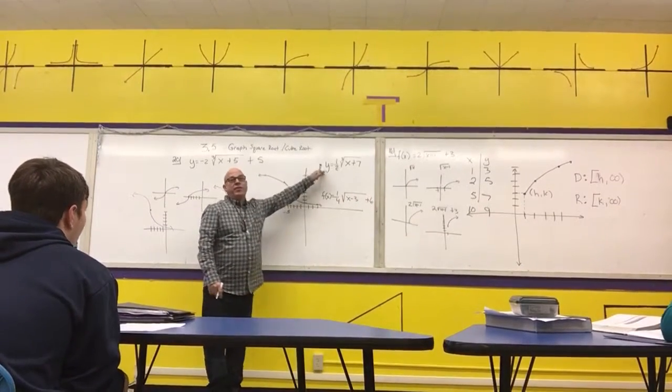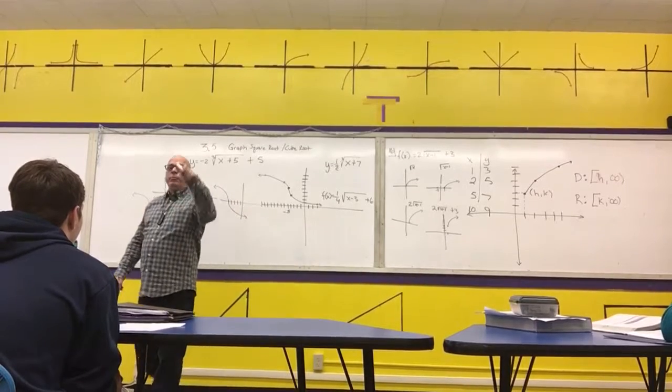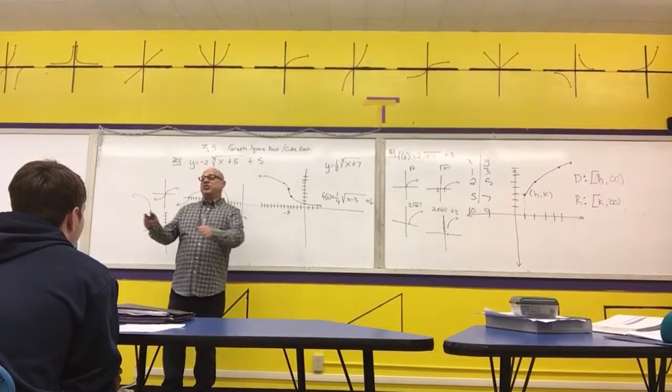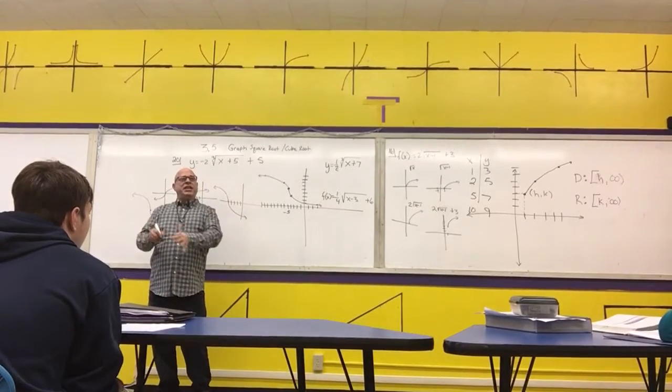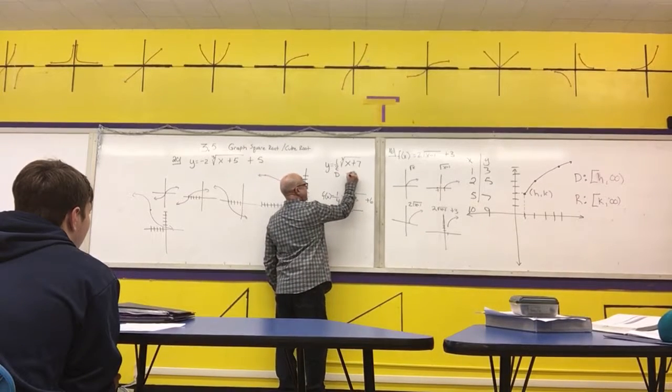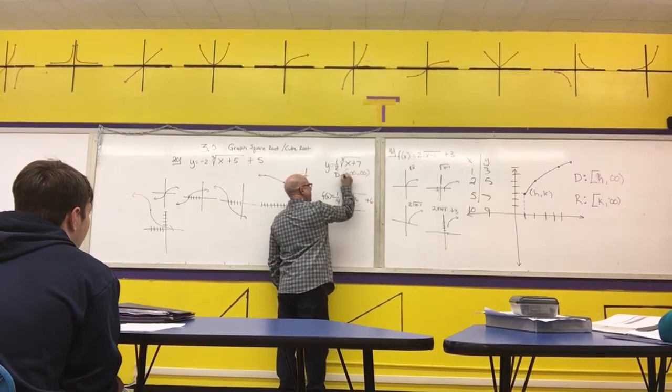What is the domain and range of every single odd rooted function? All real numbers. So those questions are saying, without graphing, without doing any math, tell me what the domain and range are. Domain, negative infinity to infinity. Range, negative infinity to infinity.